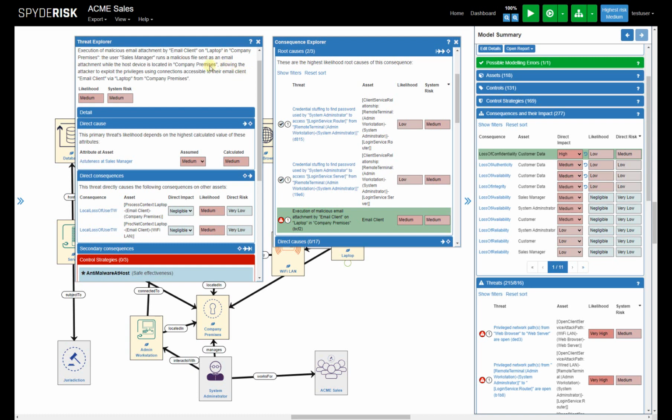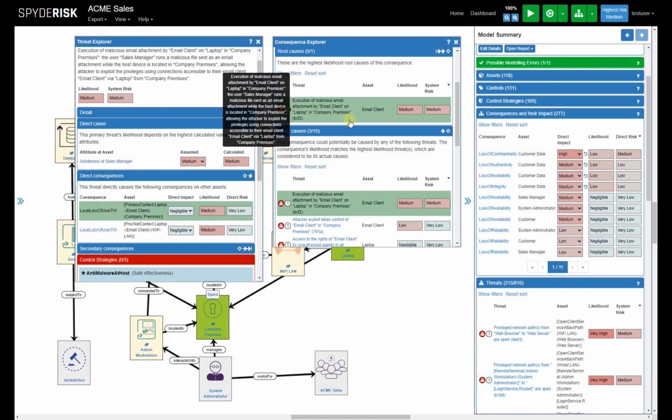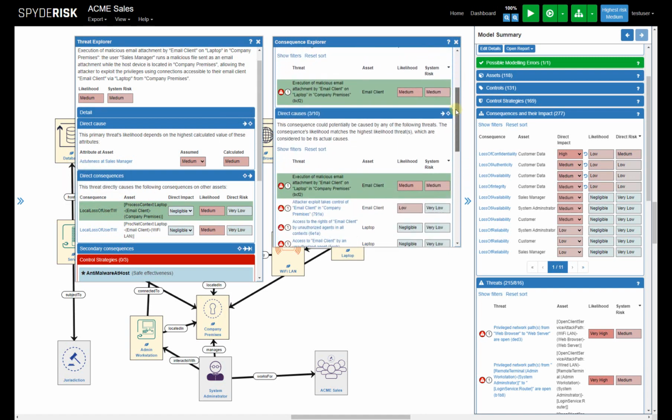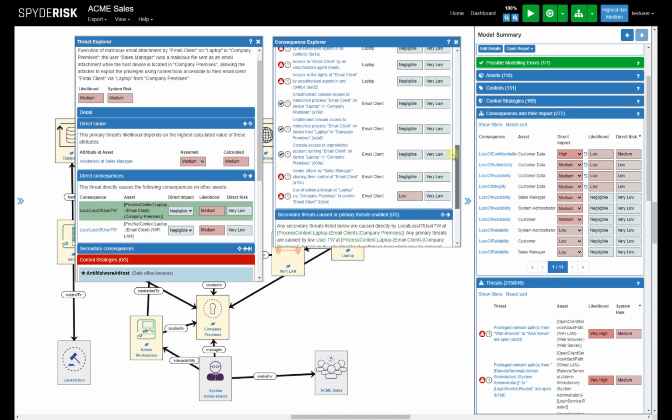So, that execution of the malicious email attachment, that's got two consequences: loss of user trustworthiness in different contexts, and you can click on one of those, and you're back in the consequence explorer over here, and you can see, okay, well, what does that cause?